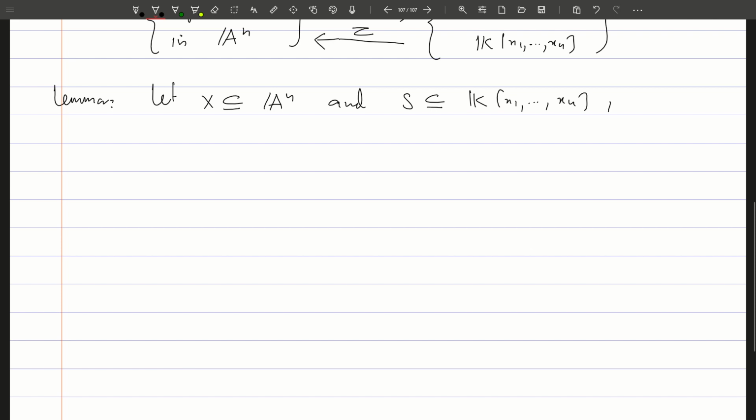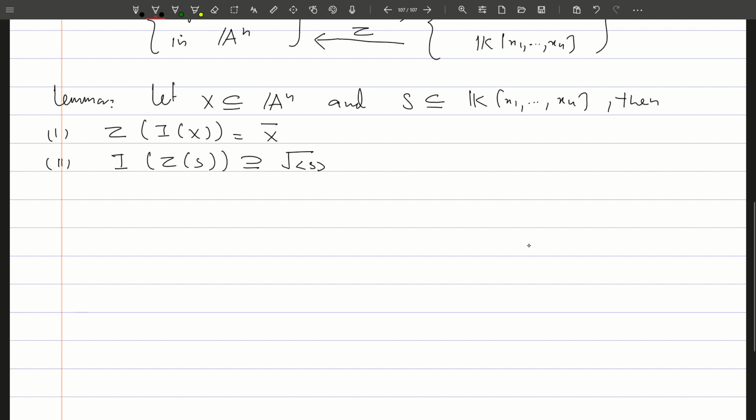Then we have, first, the zero set of the ideal of X is actually the closure of X, and second, the ideal of the zero set of S contains the radical of the ideal generated by S. Actually it is equality here, and that is the strong Hilbert Nullstellensatz.